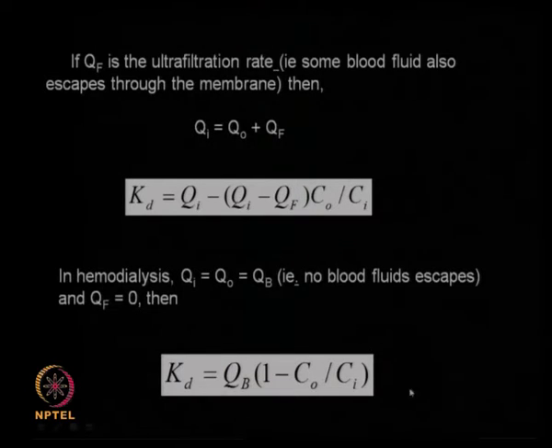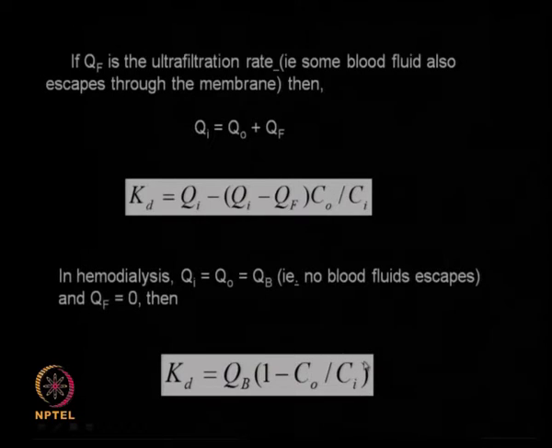So a very simple equation comes out: the clearance Kd is given by Qb, the rate of blood flowing through the dialyzer, times 1 minus C naught by Ci.